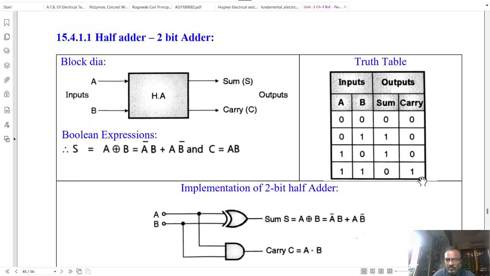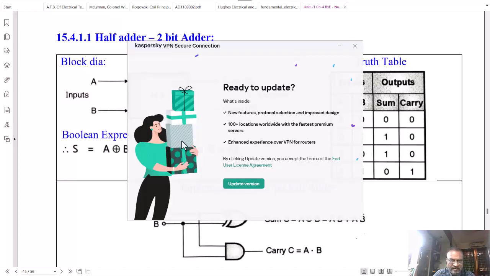And therefore we ignore those rows. Take the last row. Here you will see the input combinations are A equal to 1 and B equal to 1. And therefore, we will take C is equal to A and B, that is equal to carry.